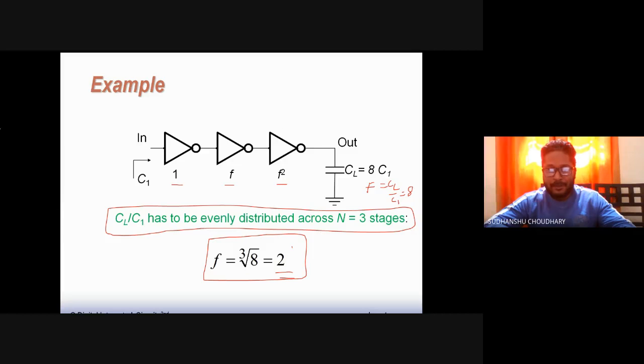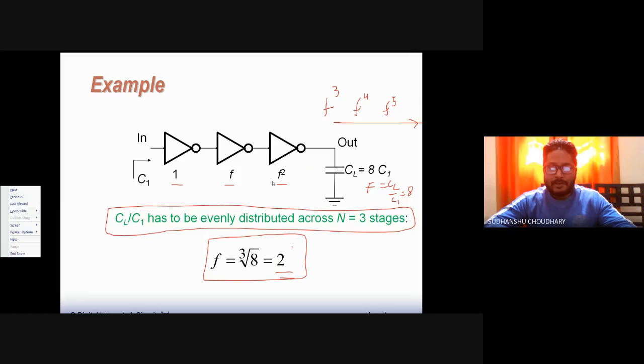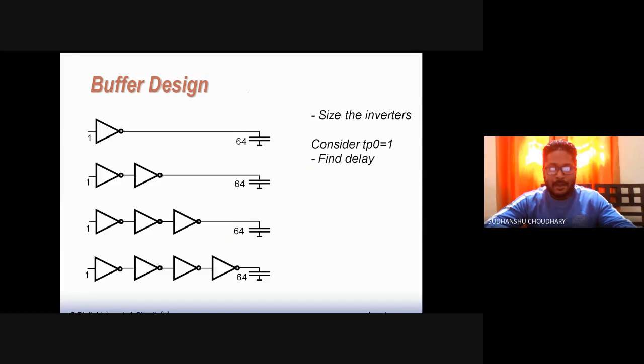Similarly, if I have a fourth inverter, the size will be f cube, and then f4, then f5, and so on. So that way one can think about sizing an inverter chain. Not just an inverter chain, in fact the same concept can be applied to any logic gate chain, not just inverter gates.